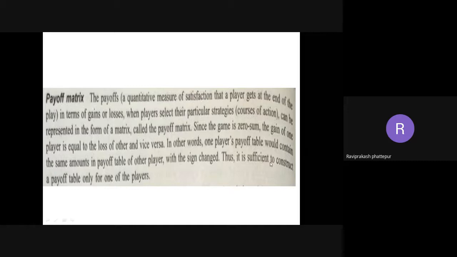So it is sufficient to construct a payoff table only for one of the players. If we construct my payoff table, that is equal to the other person's table, but the numbers are exactly opposite. Wherever there is plus, you need to put minus. So only one matrix can show you both persons' payoffs. That is what is important here.